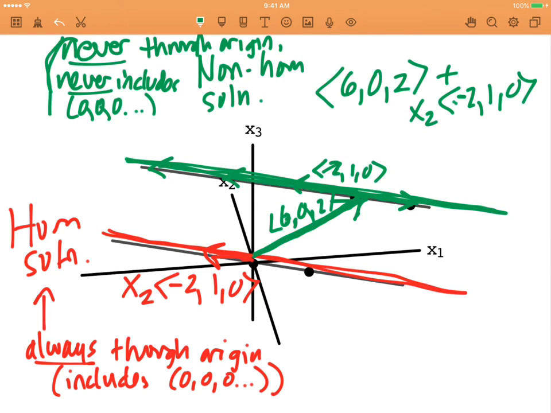Because if 0, 0, 0 was one of the solutions, then you'd plug it in and you would get zeros on the right-hand side. But if it's non-homogeneous, we're saying that it's not all zeros on the right-hand side, so then a set of all zeros can't possibly be a solution to give you that result.